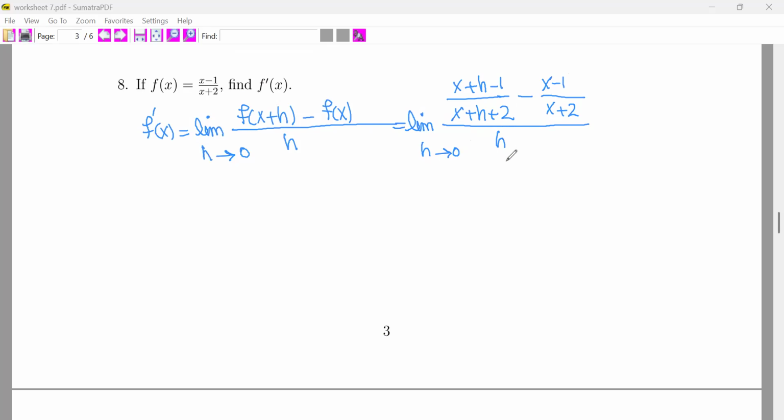So we would use the LCM here. We know that if we want to combine these two quotients here, we are going to multiply the first one top and bottom by x plus 2, and the second one top and bottom by x plus h plus 2.